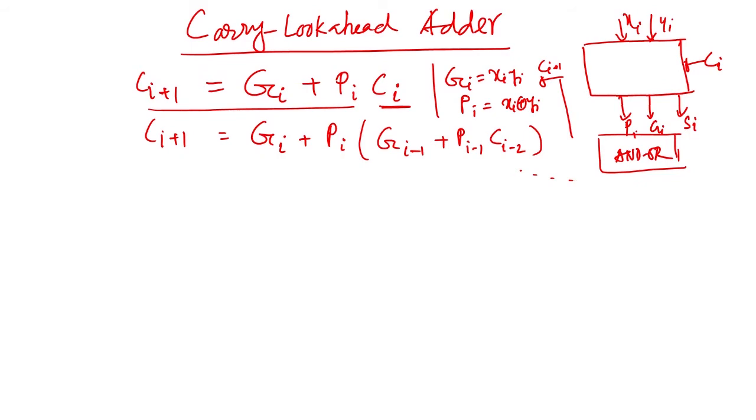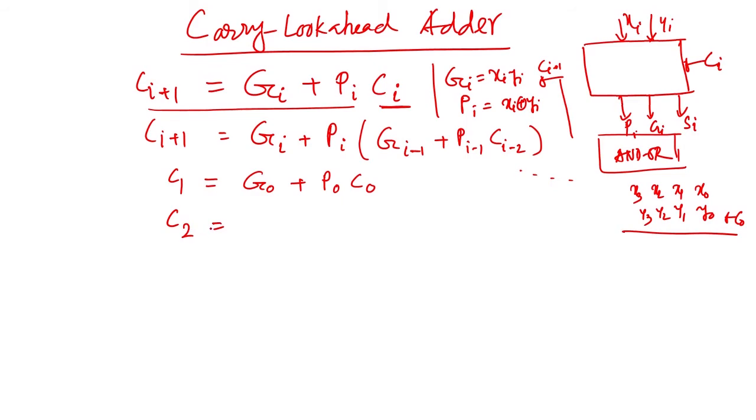So, let us say you start with C1. C1 will be G0 plus P0 C0. So, let us say a simple circuit: x0, x1, x2, x3, y0, y1, y2, y3, and here the input is C0. Now, what will be the C out?